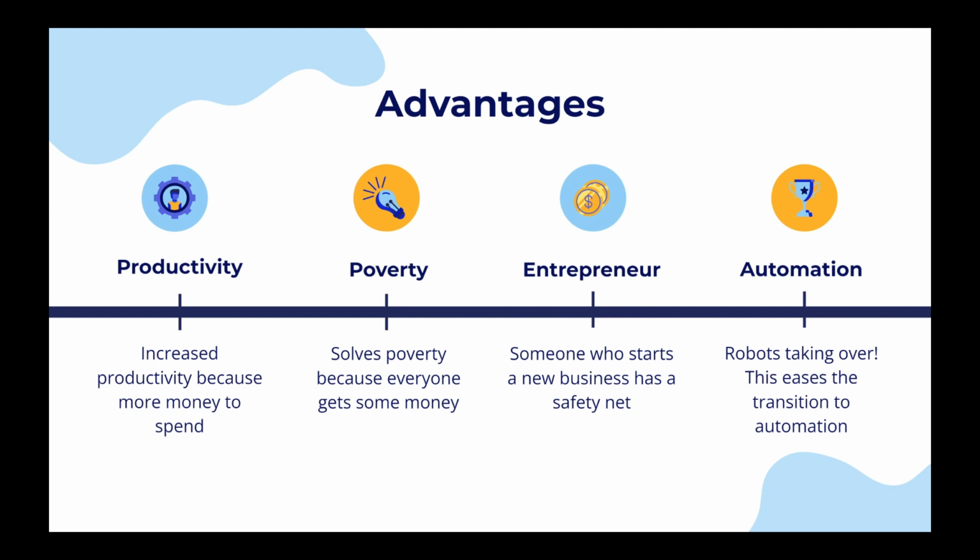There's also entrepreneurship. Entrepreneurship is basically starting new businesses, starting your own business, and economic mobility and stuff. So it increases entrepreneurship because someone who starts a new business has a safety net. What this means is that, for example, under a universal basic income where everyone gets paid, if you want to take a risk, let's pretend one day you decide, oh, I want to start my own business, and you put some of your money into starting this new business.